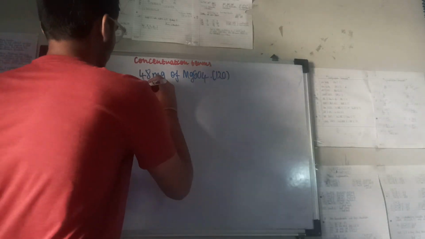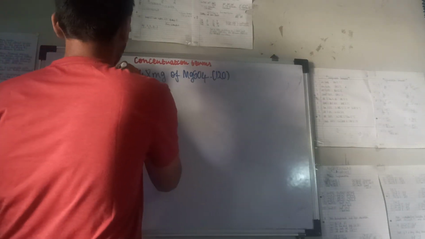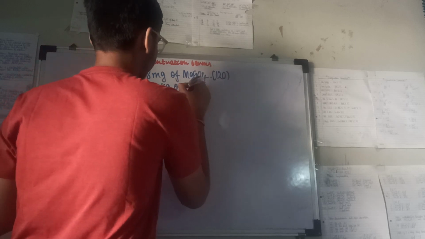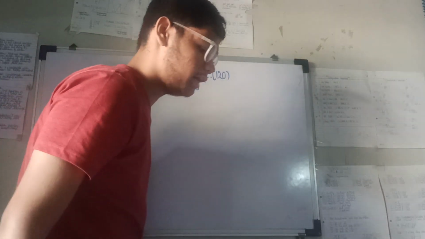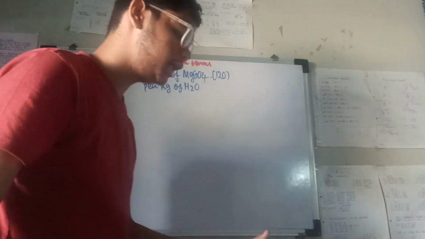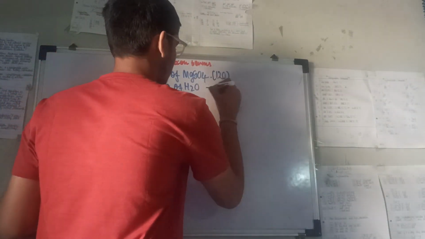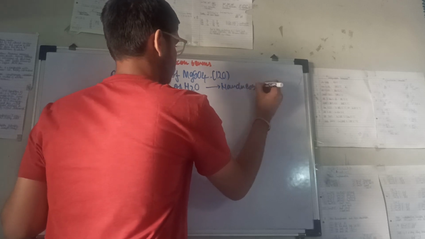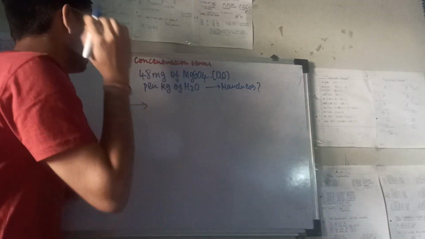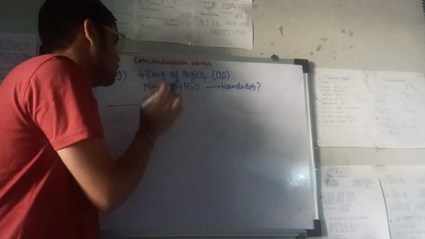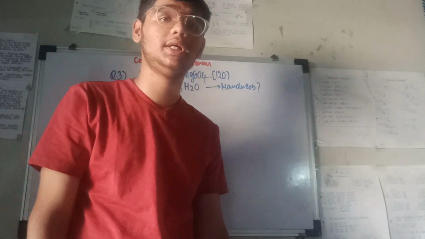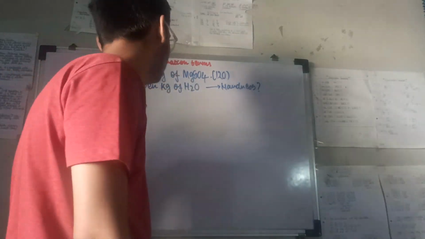So what we have to calculate? Degree of hardness. Hardness we have to calculate. So pause the video and comment your answer for question 3. Those who comment the right answer will get a heart from me.